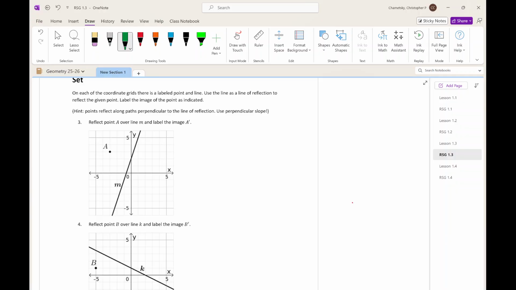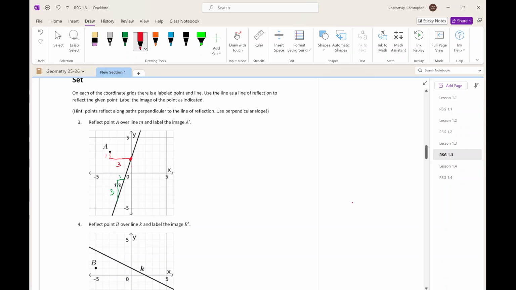So our line has a slope of 3/1, so our perpendicular slope needs to be -1/3. So we're going to go down 1/3, and that one step takes us to the line of reflection.